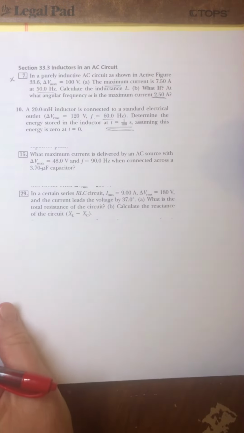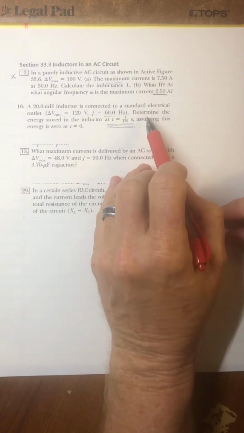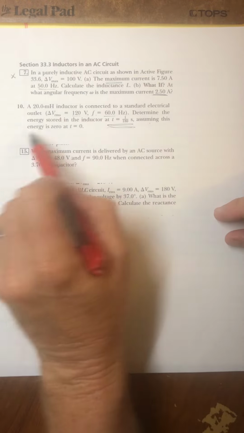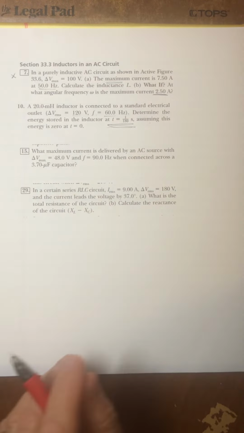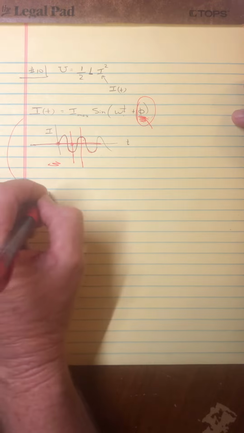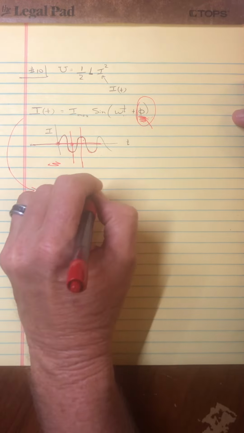But if you'll notice, they did something quite interesting. They said, assuming that the energy is 0 at time equals to 0. So this was their way of saying at time equals to 0, the current is equal to 0.